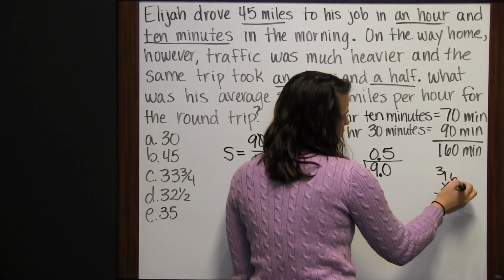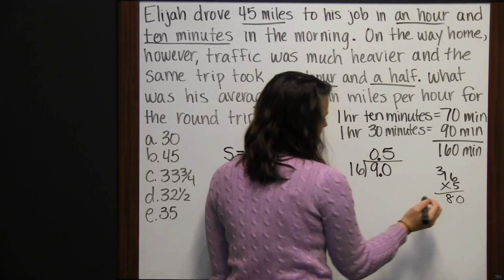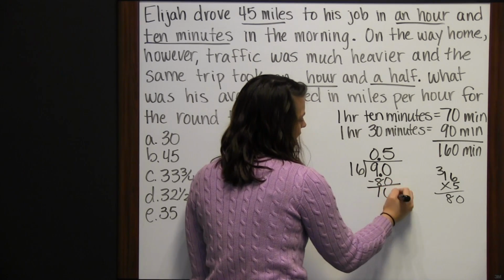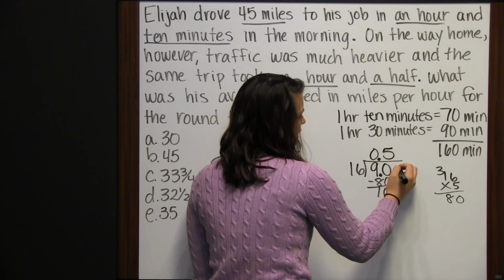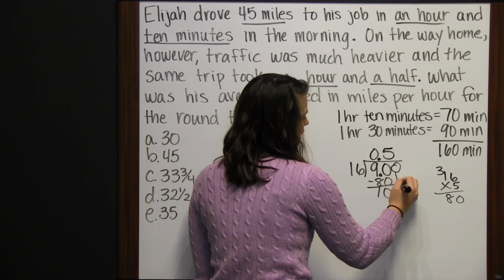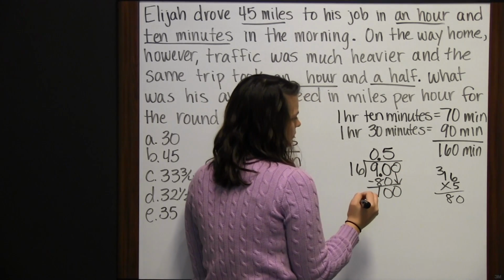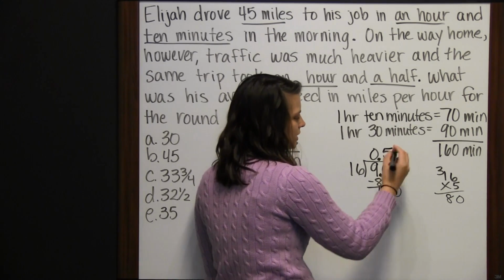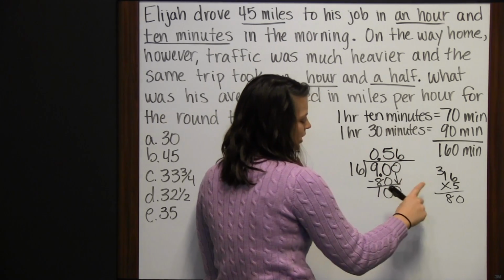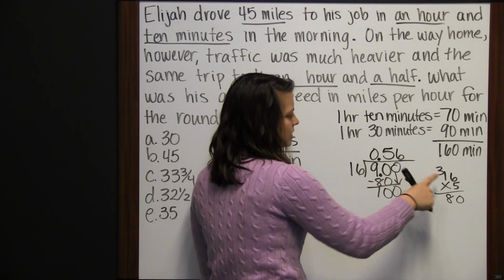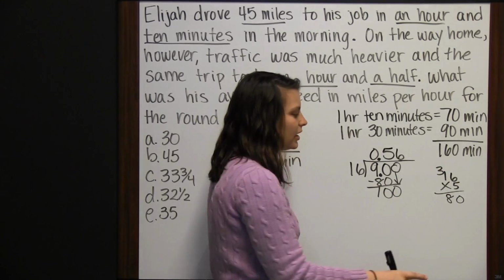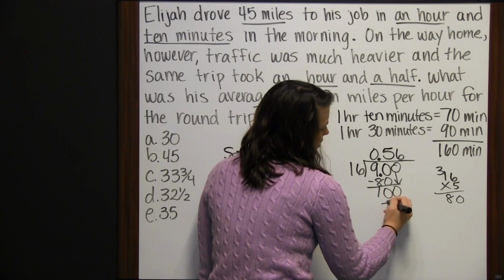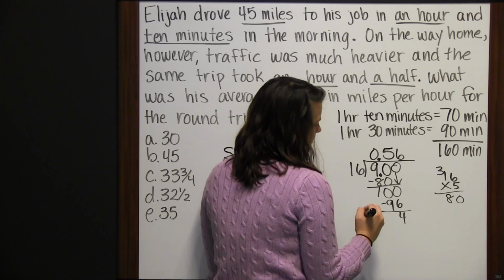Carry the 3. 5 times 1 is 5 plus 3 is 8. So that's 80. We subtract and we get 10. So we need to add another 0 and bring it down. So 16 goes into 100 6 times. Since 16 times 5 was 80, then one more time would be 96. And then we subtract and we get 4.